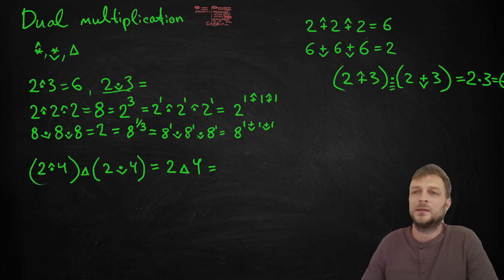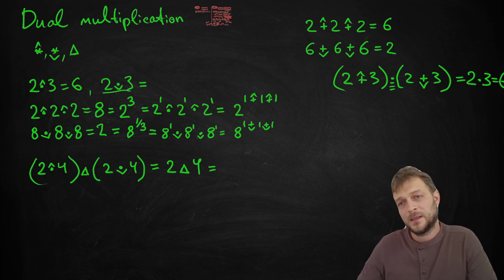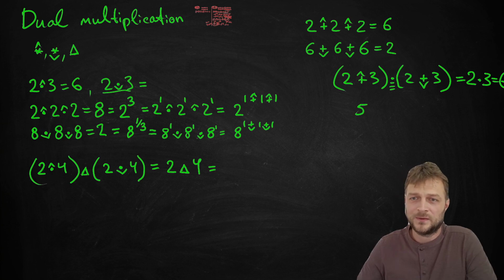And here on the left, in terms of addition, we could say that this is 5, and this would be 6 over 5, if we compute it due to dual addition operation.